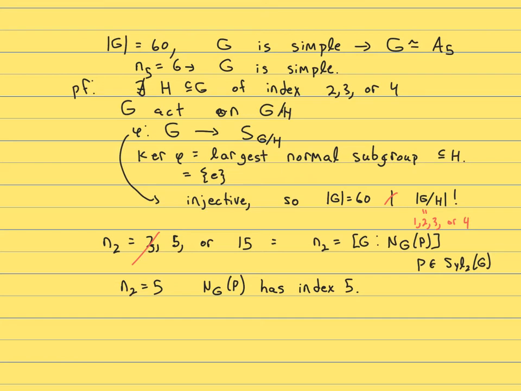So in particular, letting H be this Sylow 2 subgroup's normalizer and acting by left multiplication on the cosets, we now have a permutation representation of G as a subgroup of S5, and it's injective.